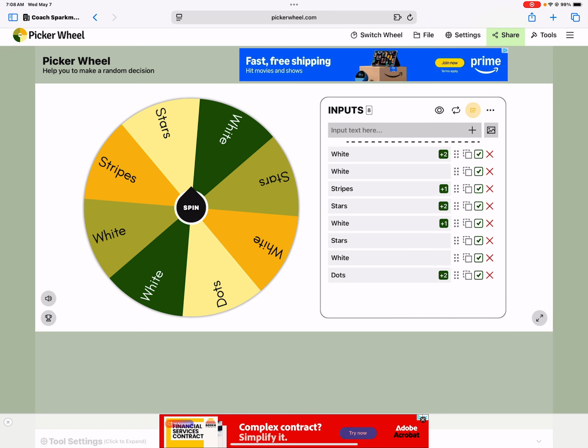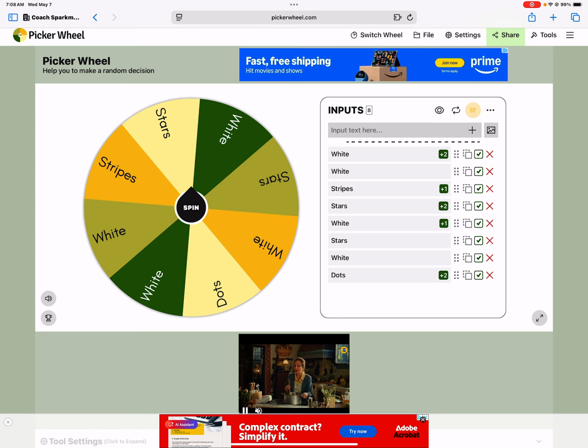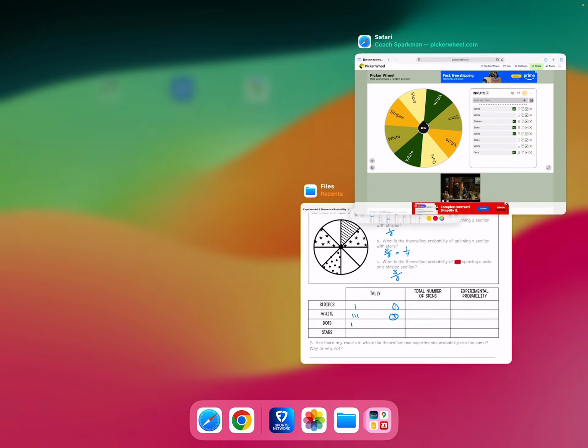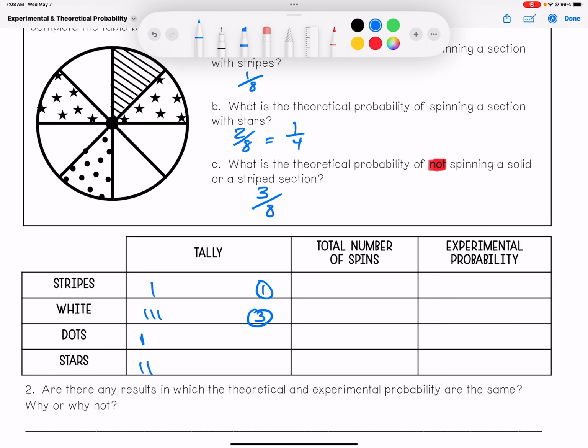Stars were 2, and dots were 2. All right, total number of spins was 8. So the stripes ended up being 1 out of 8. The whites ended up being 3 out of 8. Dots were 2 out of 8, which is 1/4. And so were the stars.